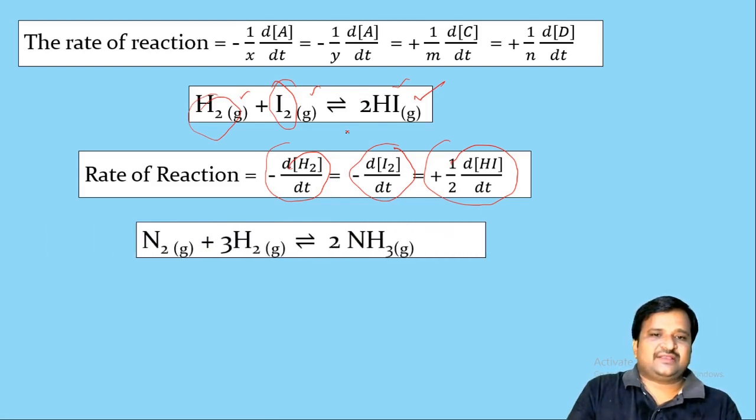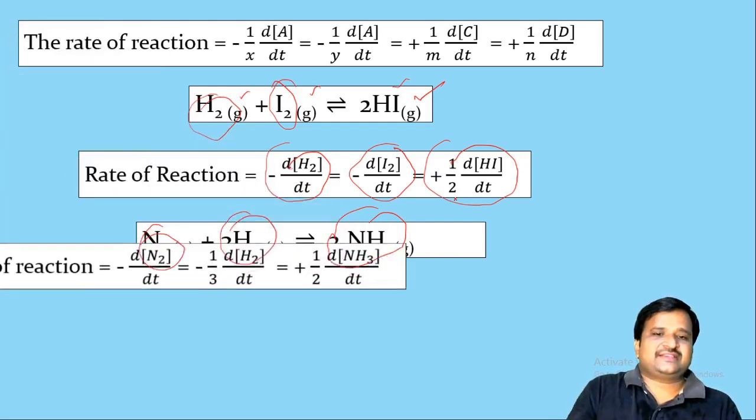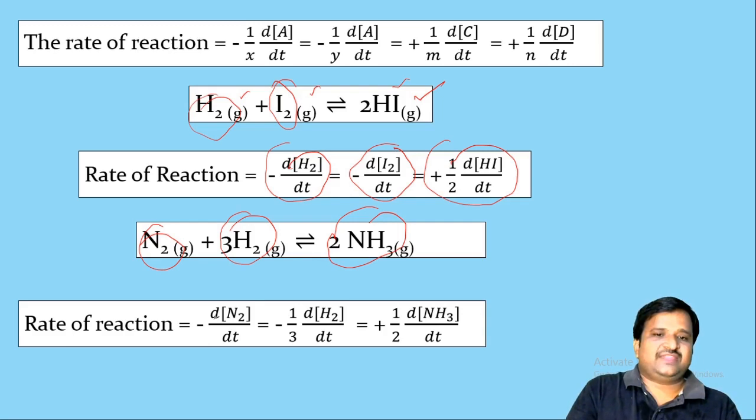Another example: N2 + 3H2 gives 2NH3. This is the synthesis of ammonia. For this reaction, what is the rate of reaction with respect to reactants and products? For 1 mole of nitrogen, it is -dN2/dt. For 3 moles of hydrogen, it is -1/3 dH2/dt. For 2 moles of ammonia, it is +1/2 dNH3/dt.